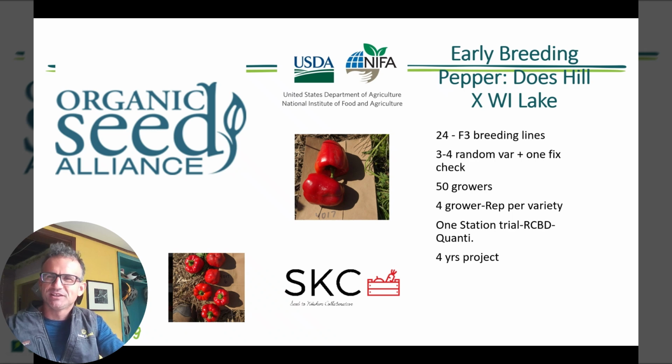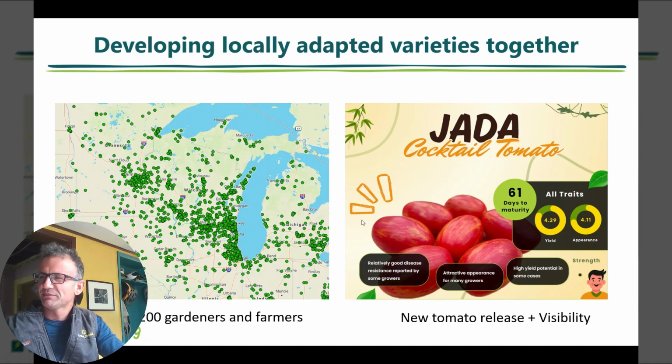Typically every accession will be planted at least 4 times. In parallel, we did an RCBD on-station trial to look at validation of data. We did this similarly with a cocktail variety, similar model. And over 5 years, there were about 200 people engaged in this project.